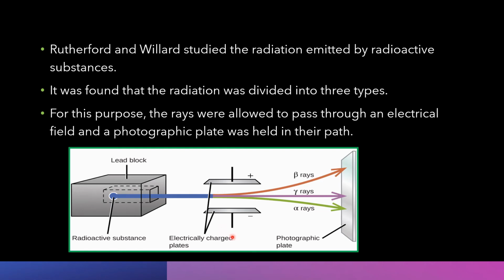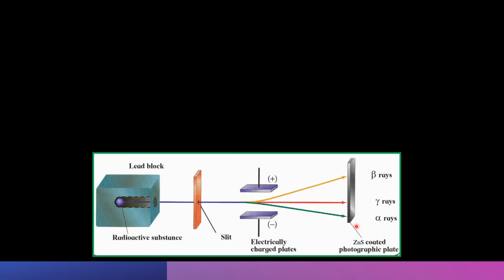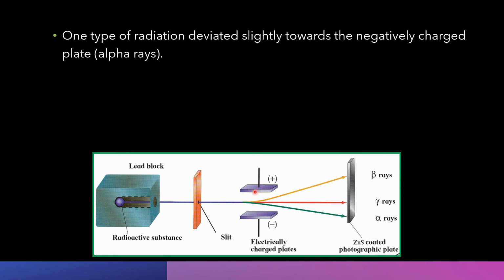When they were passed through the plates, you can see the radiations being deflected and giving their mark on the photographic plate. So based on this, the radiations were classified as alpha, beta and gamma rays. On studying the mark of the rays on the photographic plate, it is found that one type of radiation deviated slightly towards the negatively charged plate.